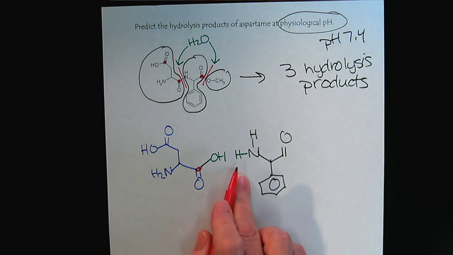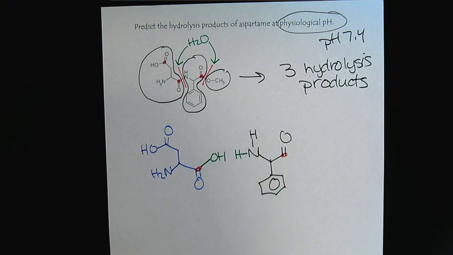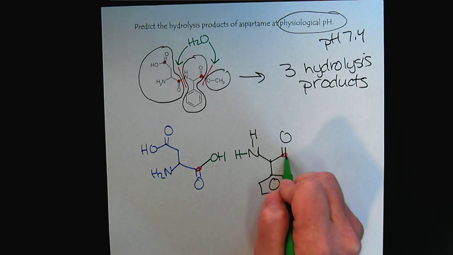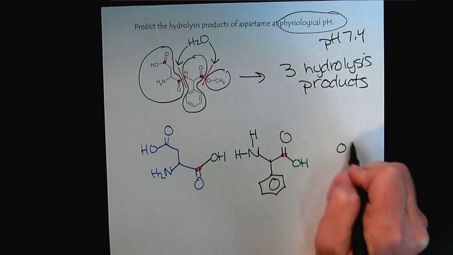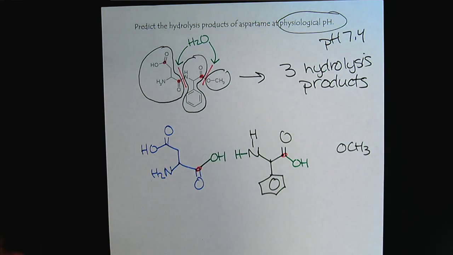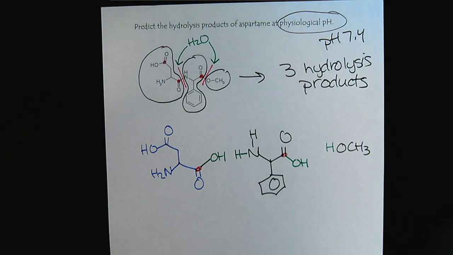So that's what's happening on the left. On the right, the carbonyl always gets the OH. And then we have our last product here, the heteroatom, the methoxide, so that would produce the methanol.